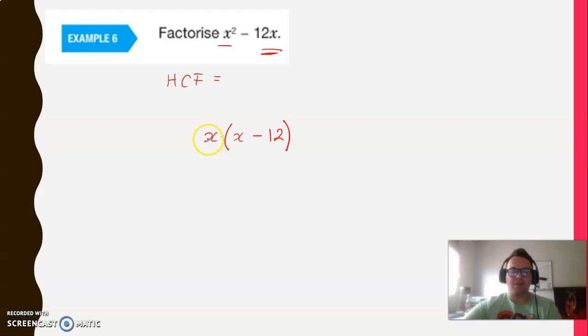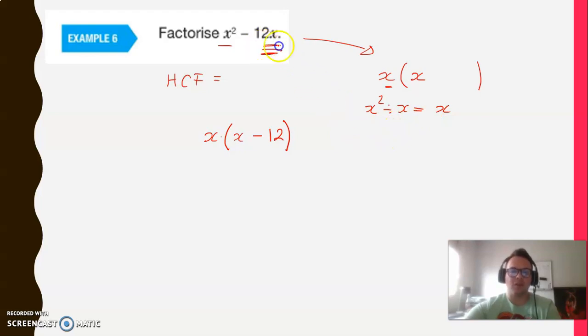Okay, and that's basically it. Another way of looking at it is using division, if you like. So I'm just going to show it to you here. You know that x is the term outside the bracket. Now what you need to do is take that first term, x squared, divided by this term outside, x. What's the answer? x. So that's what goes here as your first term inside the bracket.